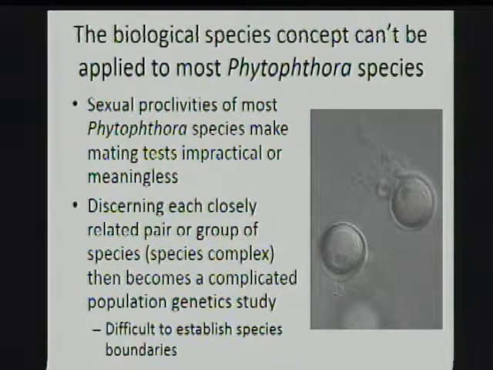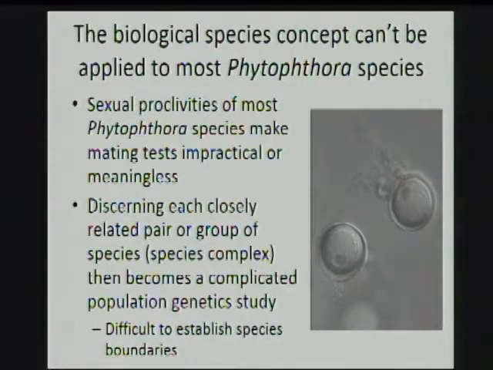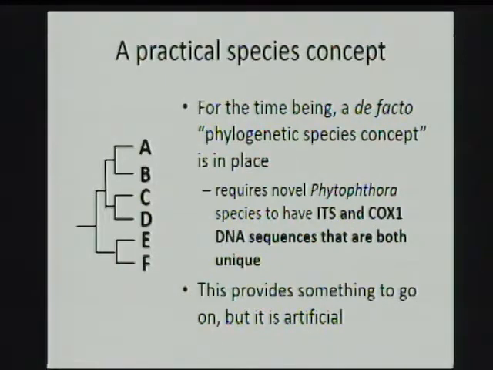So we don't have a good way of biologically measuring species because Phytophthora is complicated. It likes to have sex with itself or not have sex. Even species that are outcrossing, they'll typically mate with any other species of Phytophthora. And so it becomes very difficult, sort of its own study unto itself, to separate every pair of Phytophthora species and every complex group of closely related species.